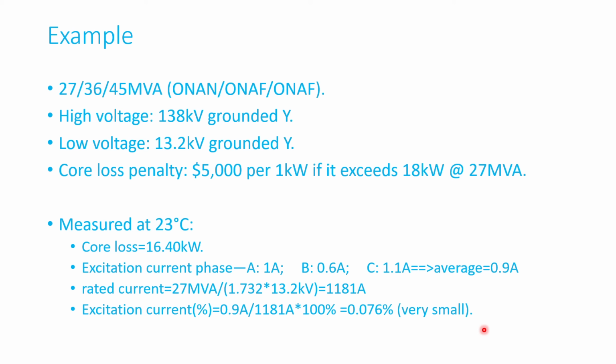If you introduce a gap in the core like they do for certain reactors, to change the reactance basically, then it will take more current to excite the core. But since it's a magnetic core, the excitation is really very small.